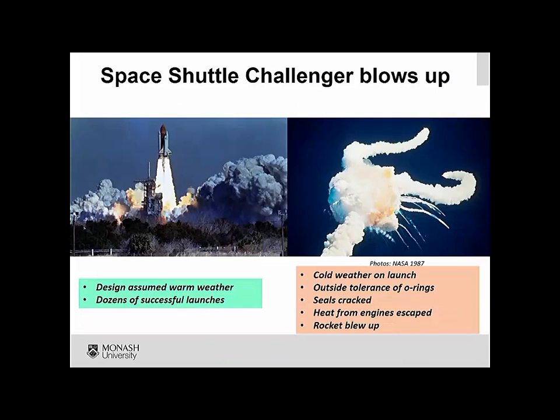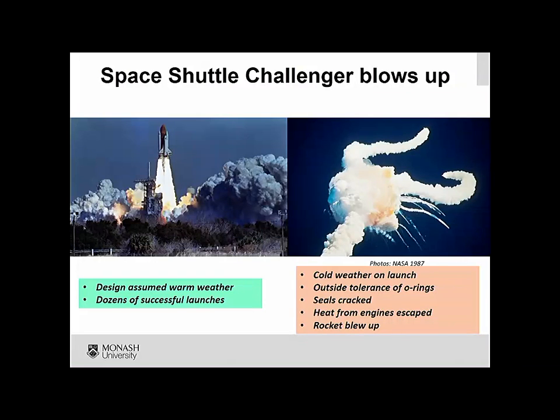Here's a very challenging example of that. There had been dozens of successful launches of the space shuttle before the Challenger blew up, I guess in 1987. The problem was that the space shuttle launches were in Florida, and in Florida it's always warm.